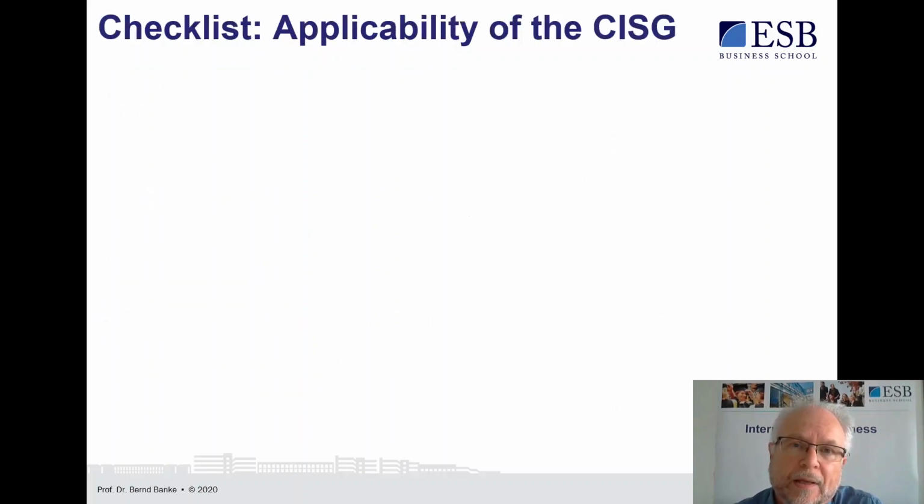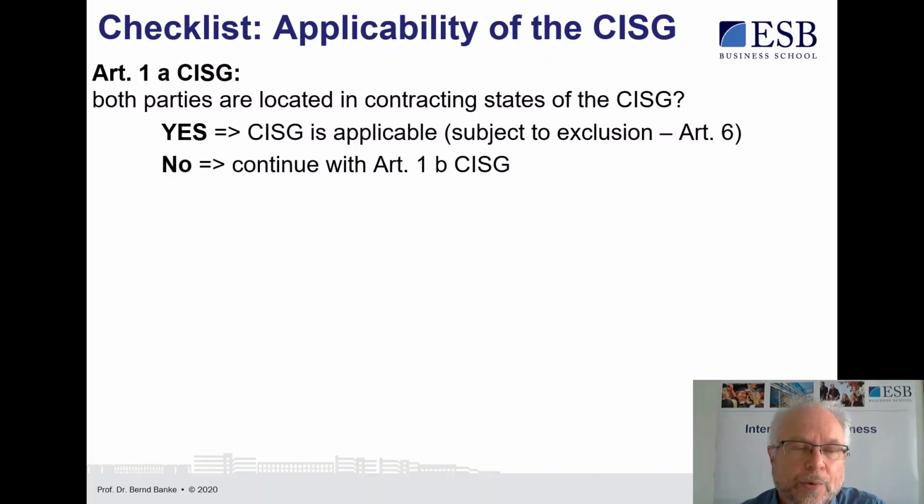Hopefully you got a copy now. So at the very beginning, we have an article. Well, we have a lot of articles in there, but we have Article 1(1)(a) of the CISG, and it says the CISG will be applied on cases in which both parties of a lawsuit, of a kind of legal struggle, are located in contracting states of the CISG.